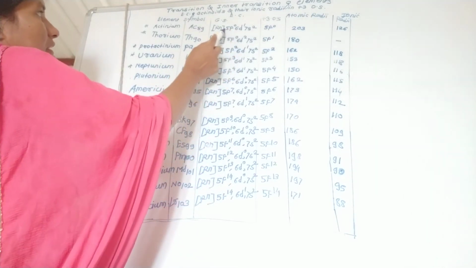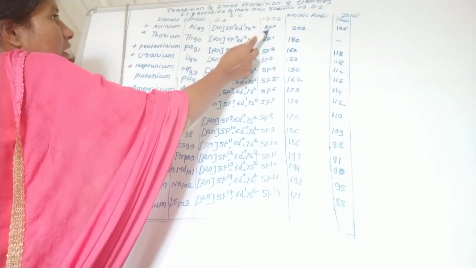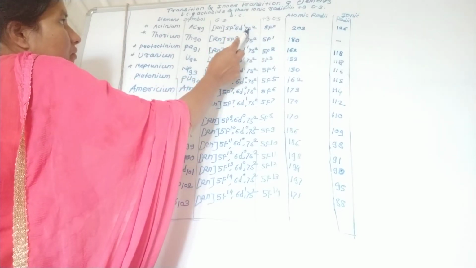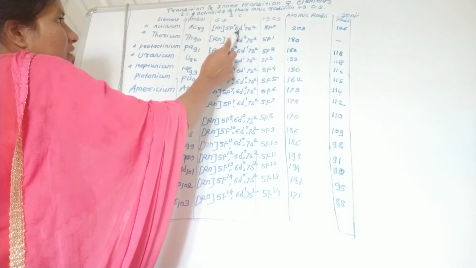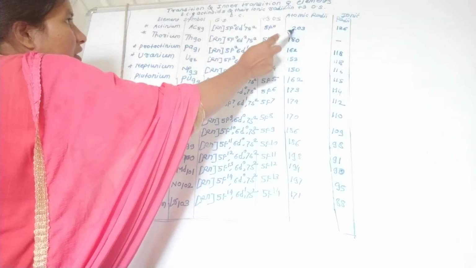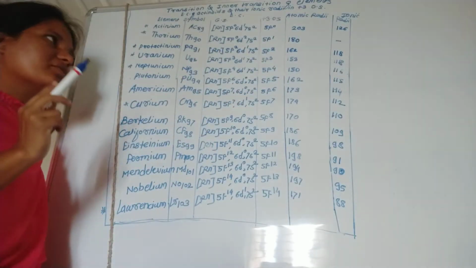In the 4f orbital of actinium there are 0 electrons, and it can lose 3 electrons, 2 from the s orbital and 1 from the d orbital. That's why its oxidation state is +3, its atomic radius is 203 and its ionic radius is 126 picometer.